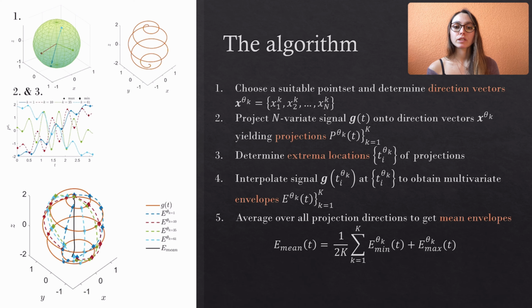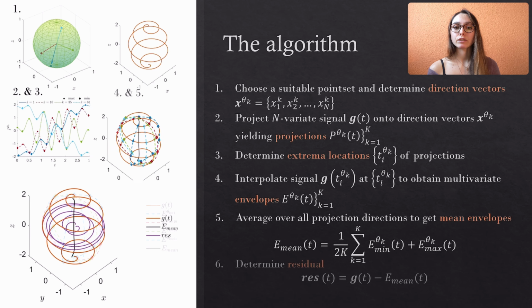Please note that I used 64 projection directions to calculate the mean envelope that is plotted in black here, since 4 directions are just not enough for a meaningful outcome. Although this mean envelope nearly looks like a straight line, keep in mind that it is still a trivariate signal, so it contains 3 values for each time step.